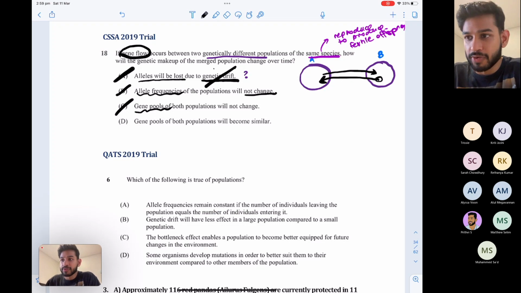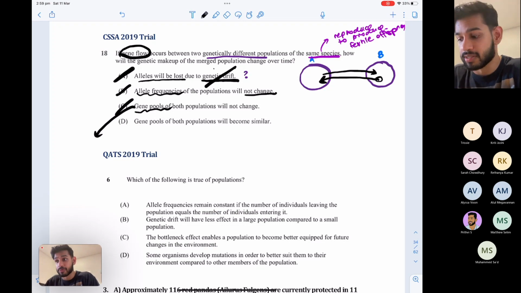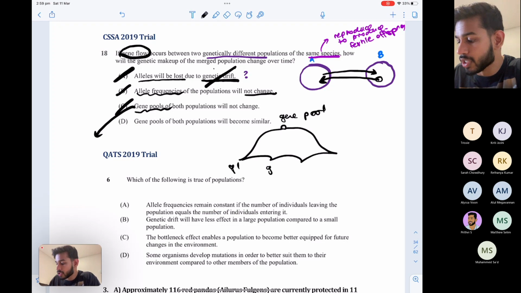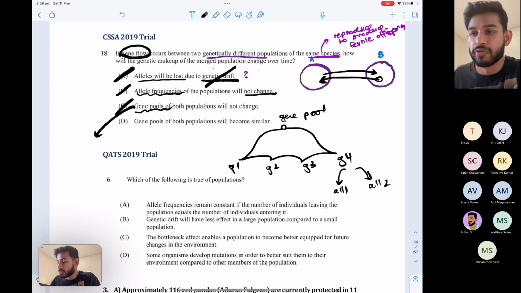The only difference, everyone, is a gene pool refers to all the genes and their allele frequencies. So you can kind of think of it like this. The umbrella term is gene pool. There is gene 1, gene 2, gene 3, and gene 4. And every gene has a frequency of allele 1 or allele 2 for the HSC.